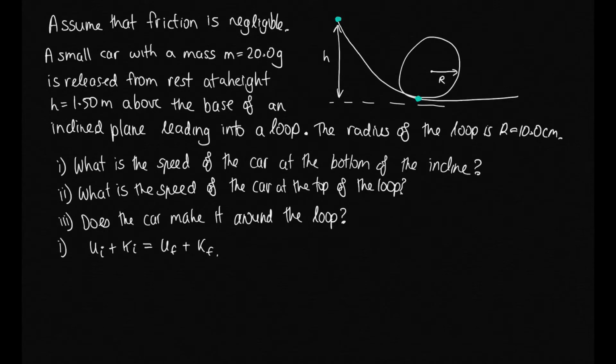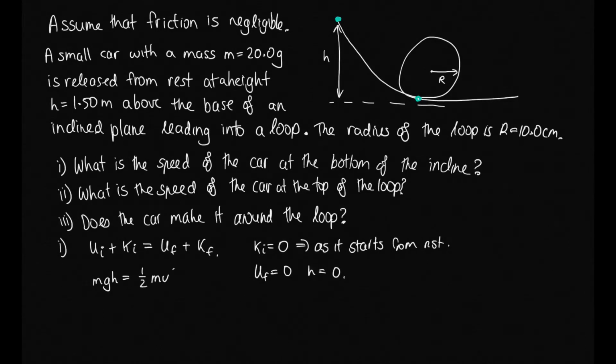And what makes this easy in this case is that we know that the initial kinetic energy is equal to 0 as it starts from rest, and we can define the final potential energy as 0, as we can say h equals 0 at the bottom here, and h is equal to h at the top. So we've got that the initial potential energy, which is mgh, is equal to the final kinetic energy, which is a half mv squared.